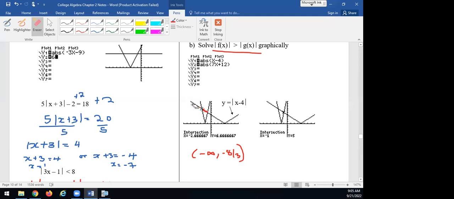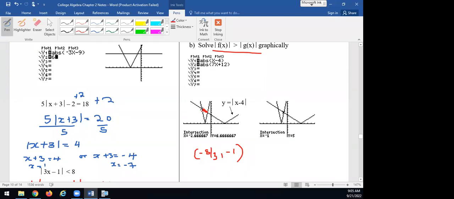Oh no, actually, over here it's not actually above it. It's below. This one is on top. So it's only in this region here. So it's actually from -8/3 to -1, right? It's only in this region. Sorry about that. Yeah, that's where it's actually above it.